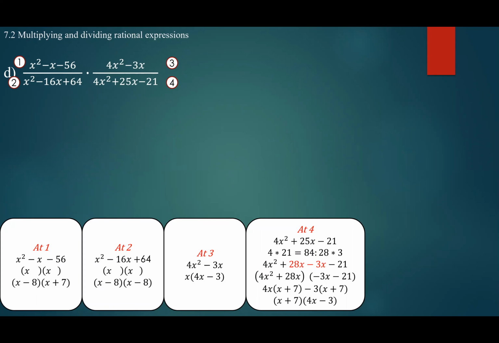So we take the 4 multiplied by the 21 to give you 84. Are there 2 numbers multiplied to give you 84, but subtract to give you 25, which is 28 and 3? We rewrite the problem, we group them up, and we factor out by grouping. And that's what we have to do at 4.